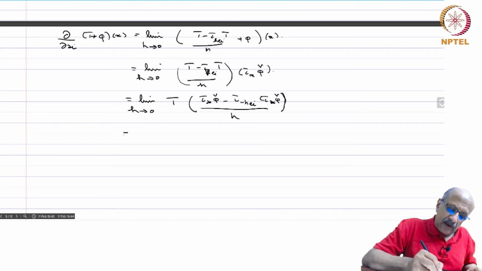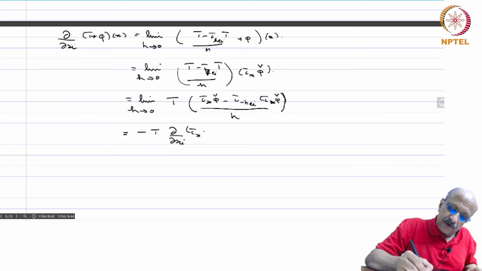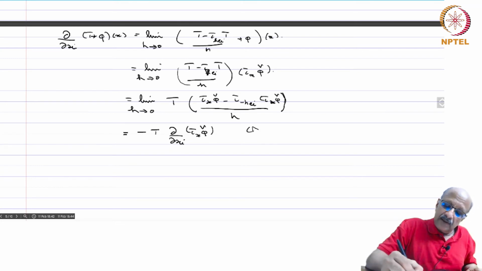And just by our remark, we just saw that this is giving you minus T d by dxi of tau x of phi, cheshire, by the lemma and remark above.